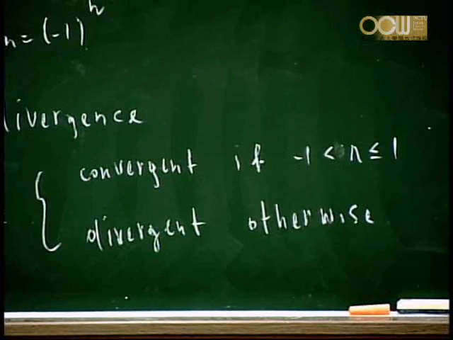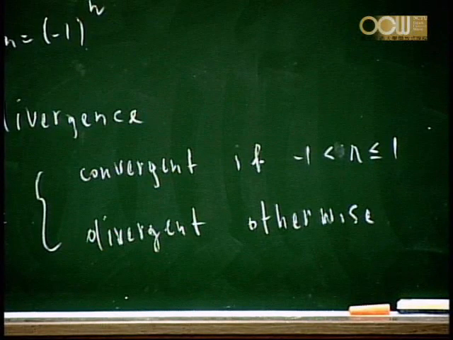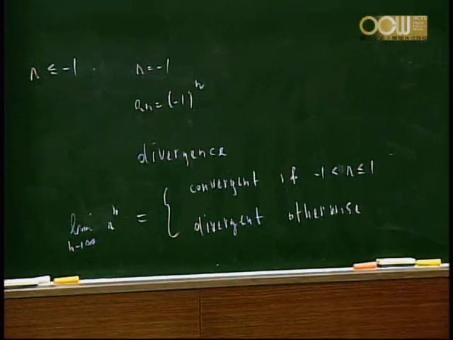This is something you know already from high school, but this is just to show you once more how to use the theorems I showed you before in order to systematically derive this result here.